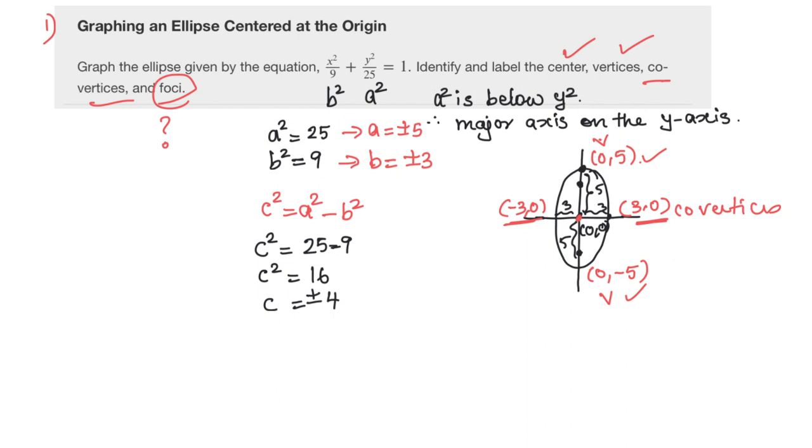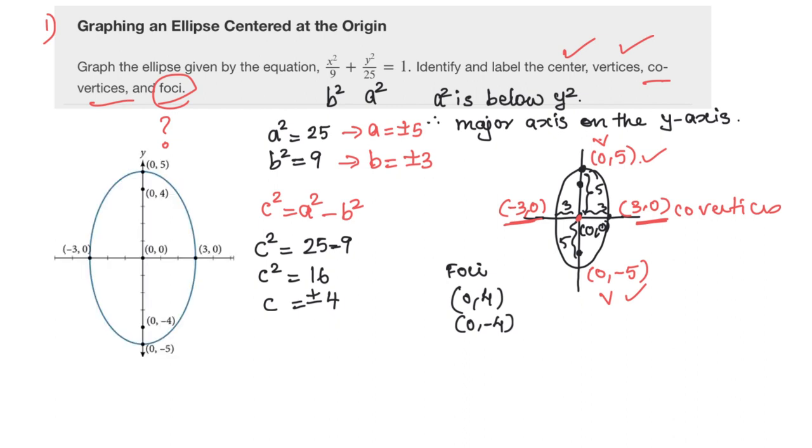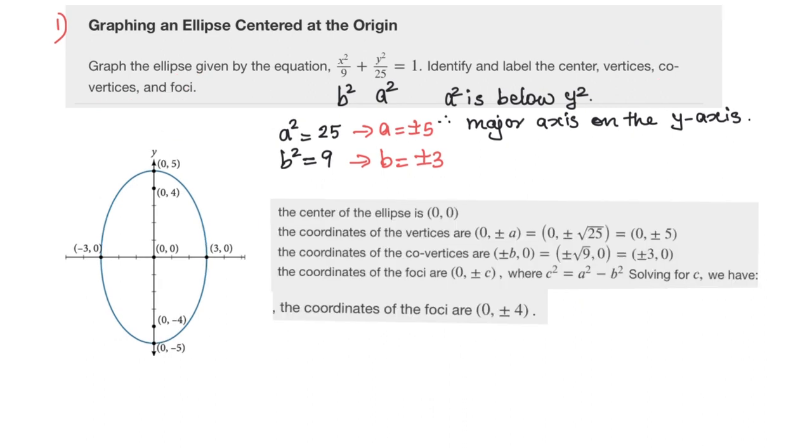So the foci will be 0, 4 and 0, negative 4, because I'm measuring 4 units up and down from the center. So these are the foci. After that, you can graph it neatly, include the center, vertices, co-vertices and the foci on the graph. And you can conclude the answer.